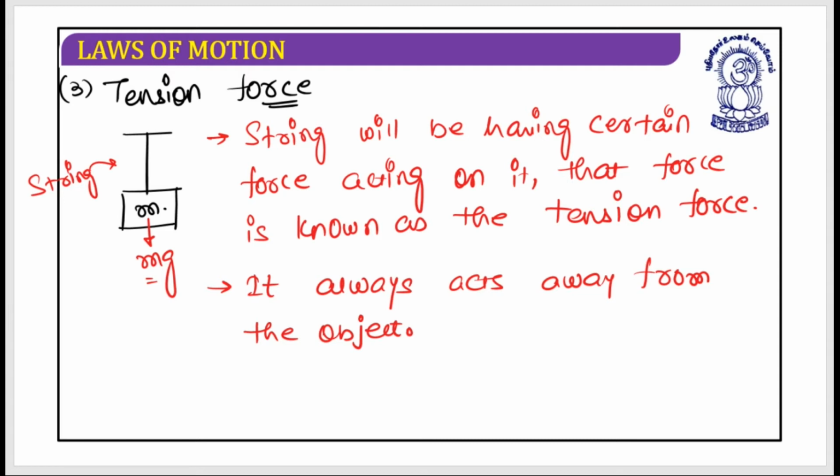So first thing, when you are going to push or pull something, and it has been tied up with certain strings or a certain spring, that string or spring will be experiencing one of the forces, and that force we call the tension force. And where does it act? It always acts away from the object. Is it clear?